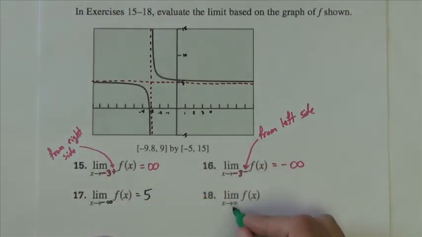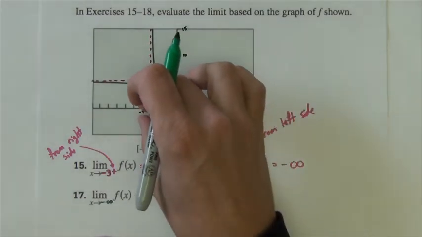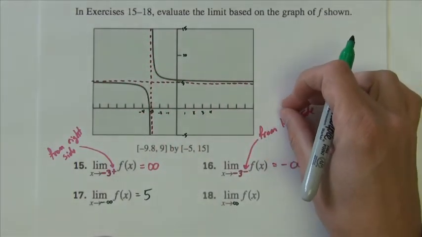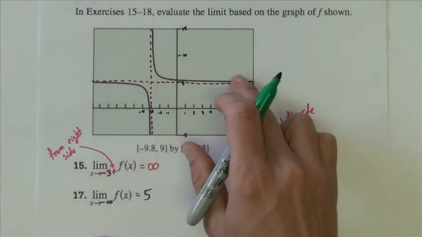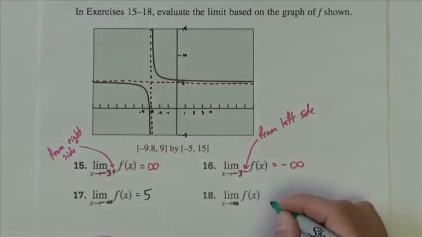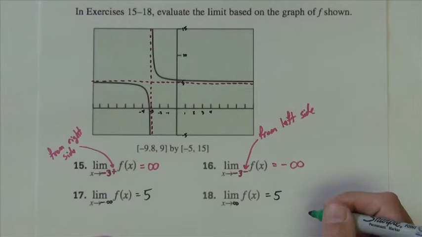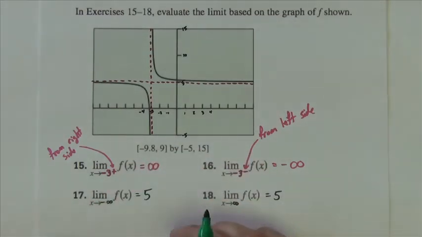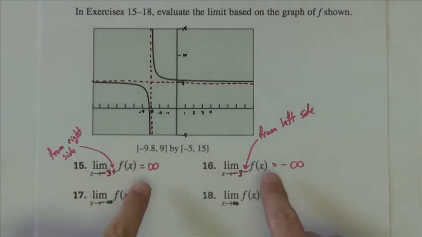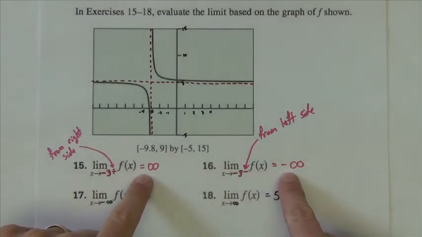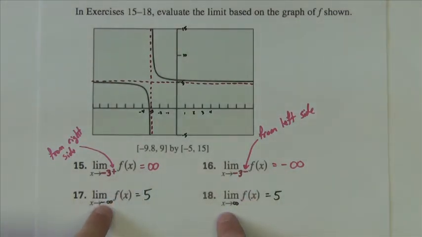And then so number 18, x is just simply approaching infinity, so positive infinity on the x-axis is to the right. So this graph is leveling out at 5. So these limits can be used to not only discuss end behavior like this, but also can be used to describe vertical asymptotes and horizontal asymptotes.